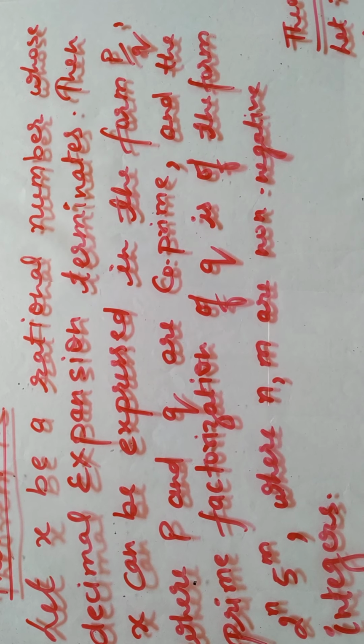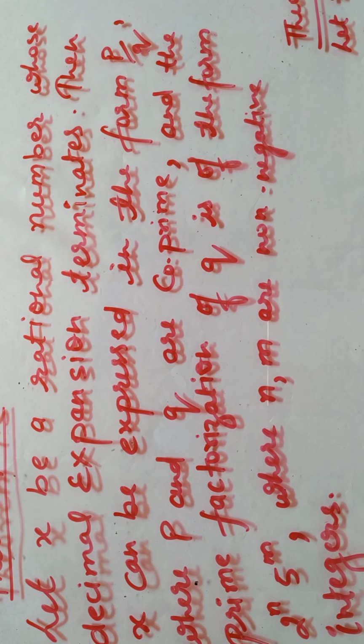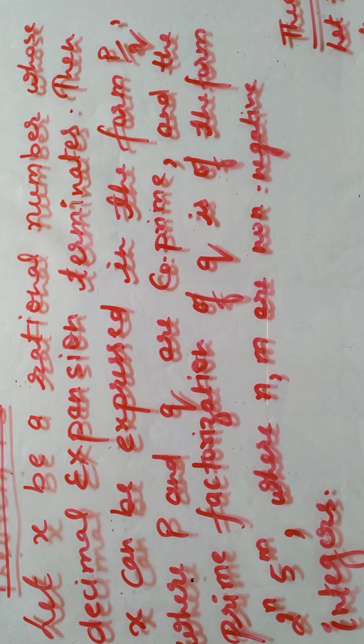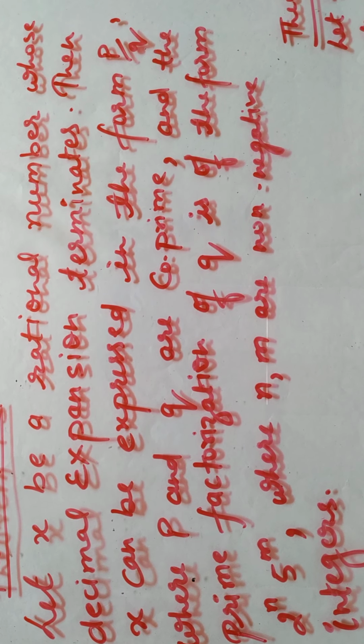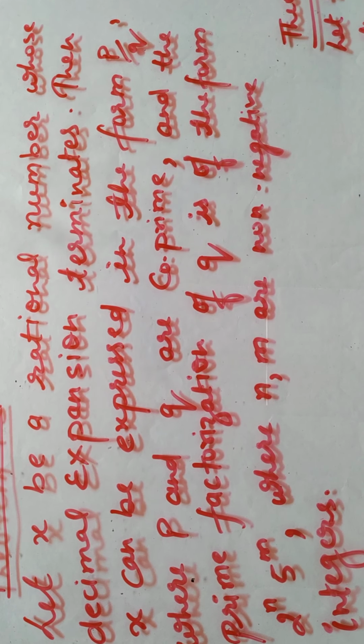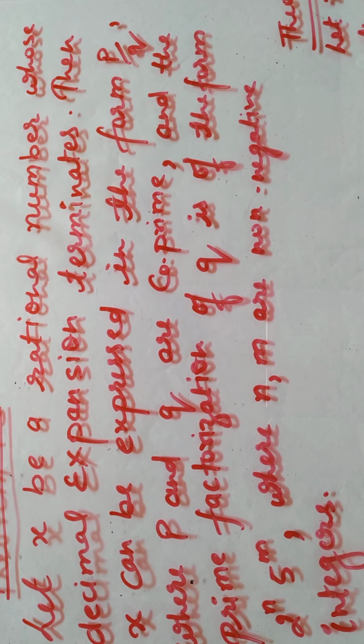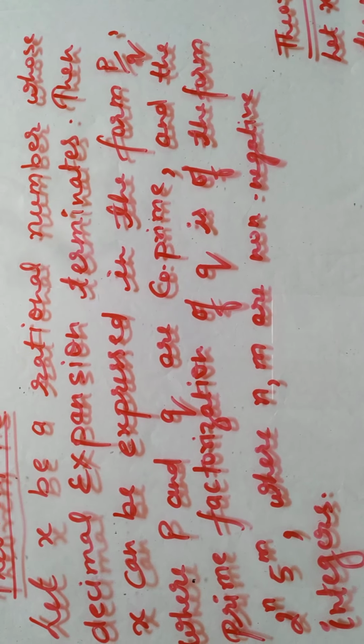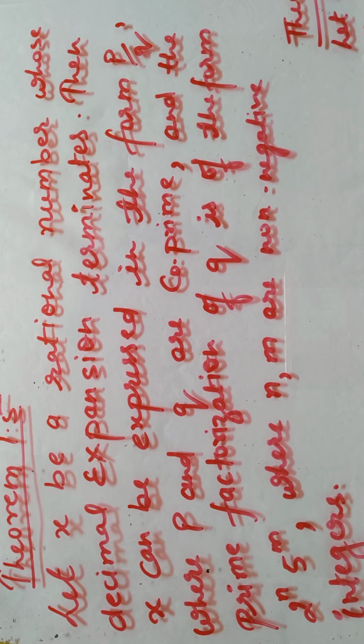First of all, the number x is a rational number and it is in the form of P upon Q, such that P and Q are co-prime, meaning the GCD of P and Q is 1, right?